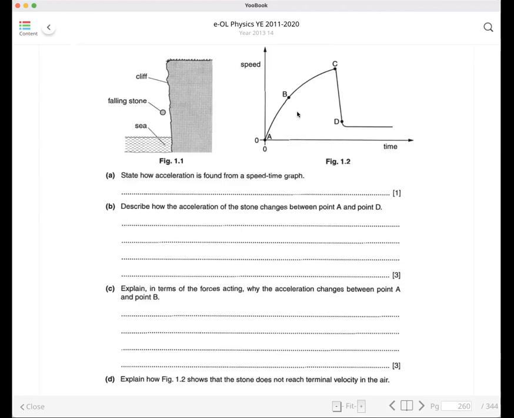Why did the stone not reach terminal velocity? Okay, very good. So can you see as the speed of the stone increases, it did not reach a constant speed, and therefore it did not reach terminal velocity. Then it hit the water. Is that clear?